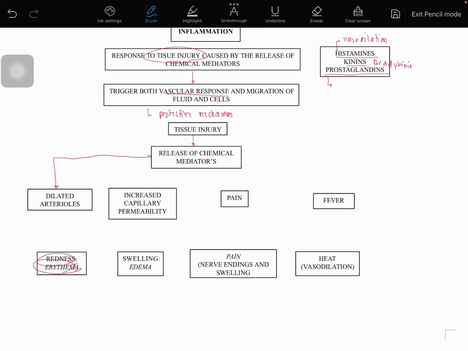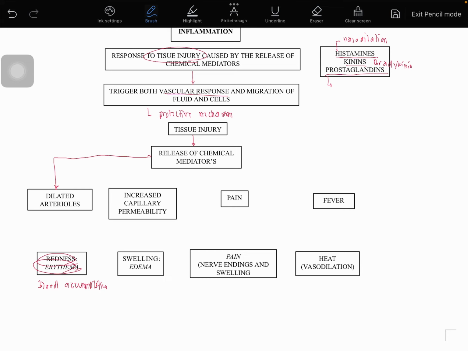Why do we have redness? Redness is actually the first phase of inflammation. Redness, or erythema, occurs because of the accumulation of blood in the area of tissue injury. There is blood accumulation or blood congestion at the site of injury.